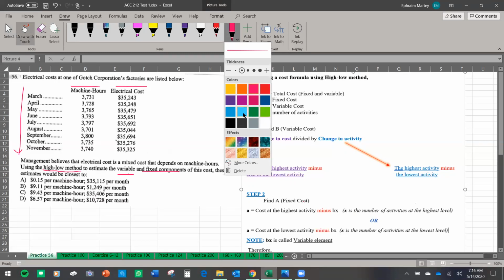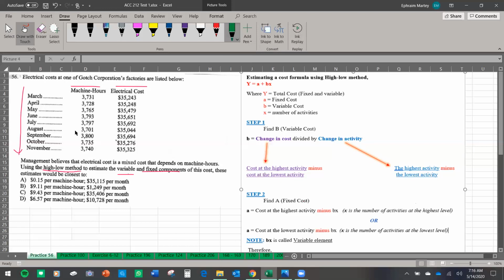So let's go and look for the highest activity. When you look here, which one is the highest activity? The highest activity happened in September. That's 3,800.